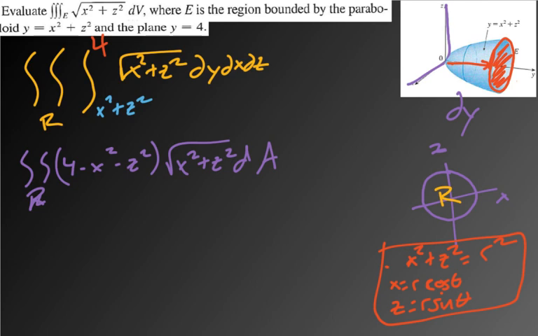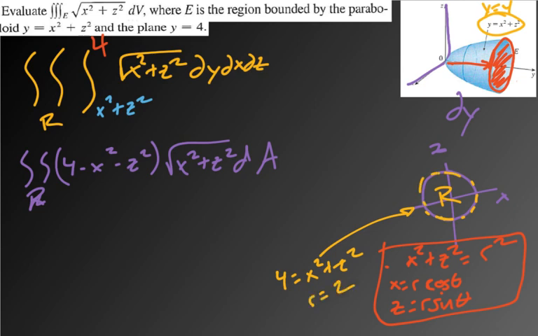And then, in terms of how big this circle is, that would just come from the intersection of the original equation with y equals 4. So we have 4 equals x squared plus z squared, which is this circle right here, and so its radius is 2.